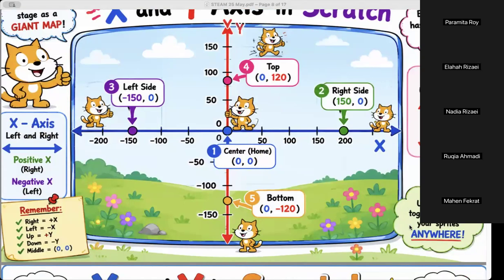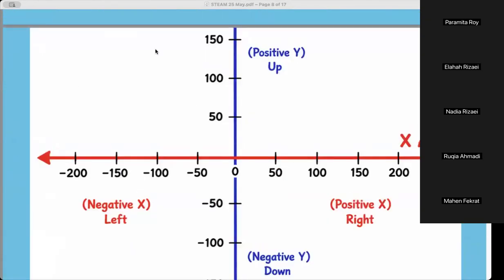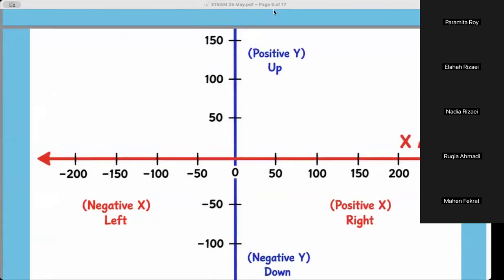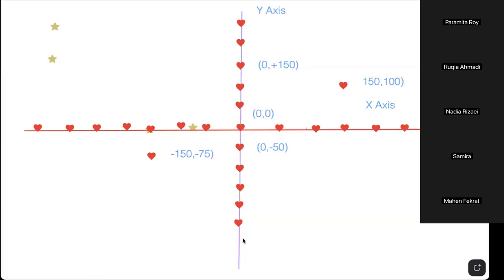Use X and Y together to send your sprites anywhere. So, what happens is I stop sharing and I will give you the whiteboard. See if you can use the whiteboard to scribble on it.